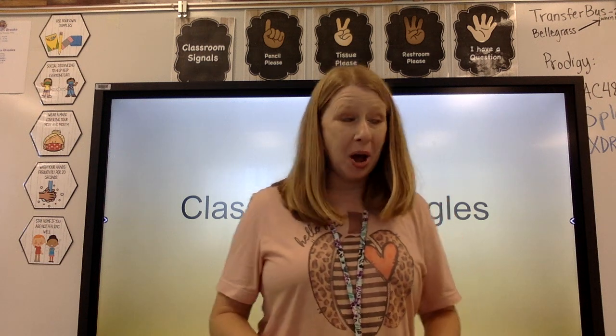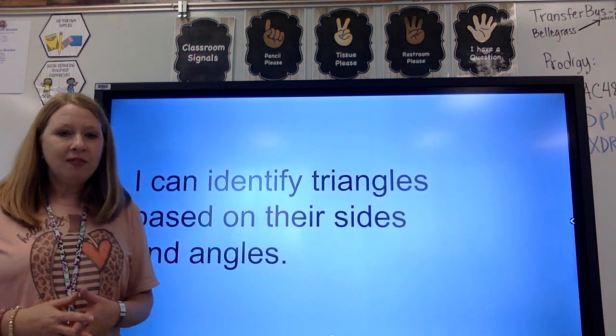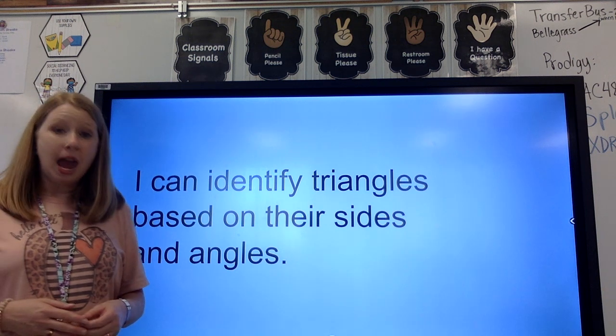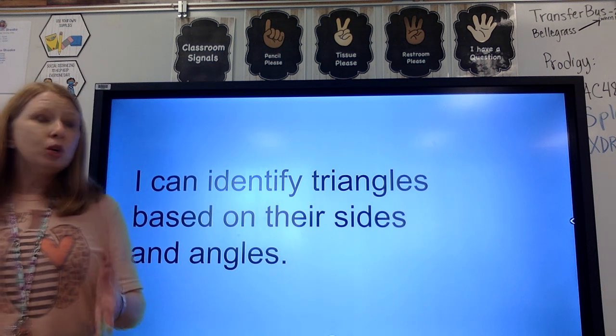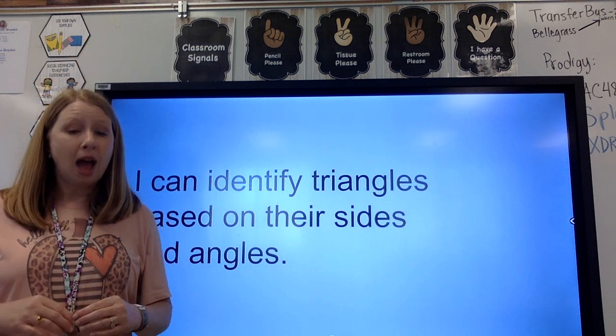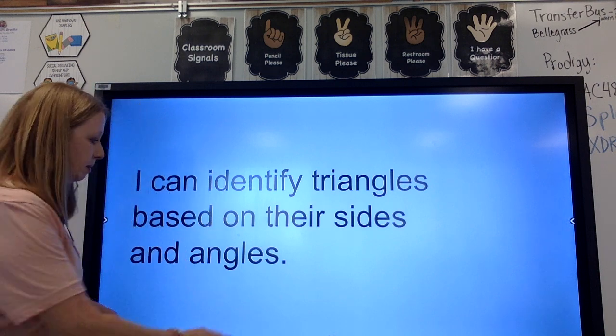So here we go. We can identify triangles based upon their sides and their angles. So we're going to examine the sides of a triangle as well as the angles of a triangle, and we're going to give them a name.